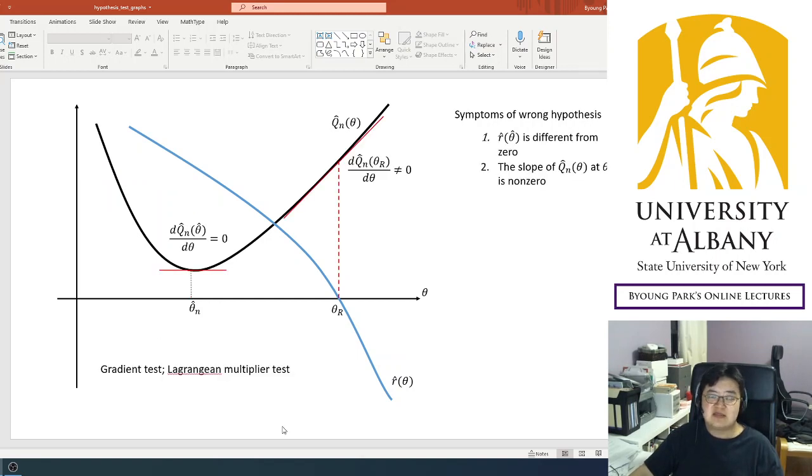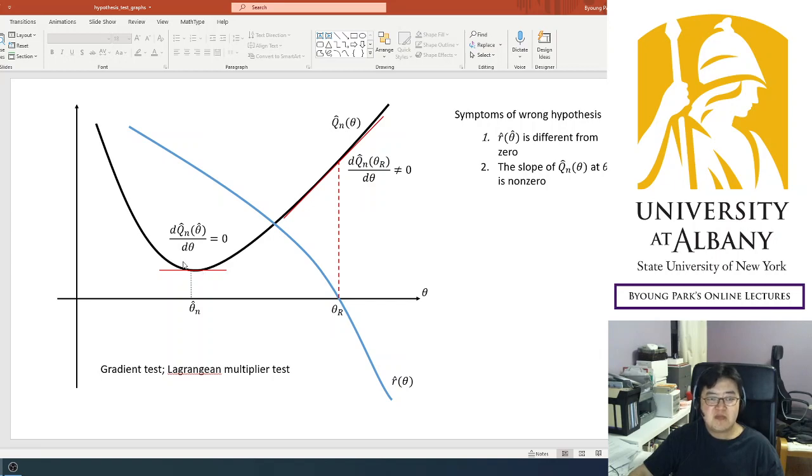The second test is the gradient test, or Lagrangian test. As I explained in the lecture note, the unrestricted estimator has a zero first order condition. So the first order condition at the unrestricted estimator is 0.